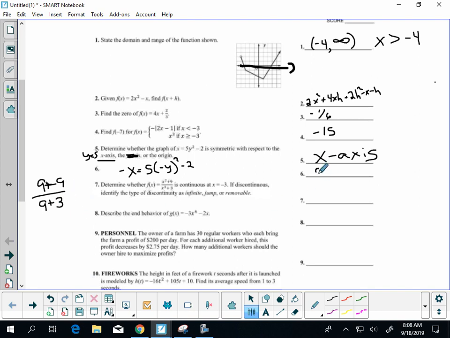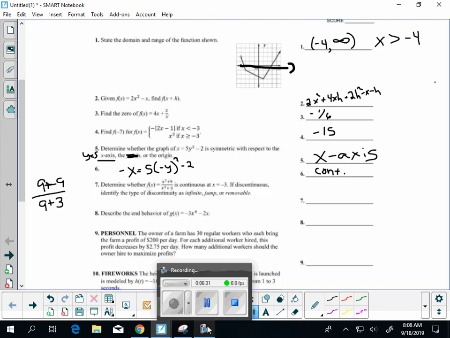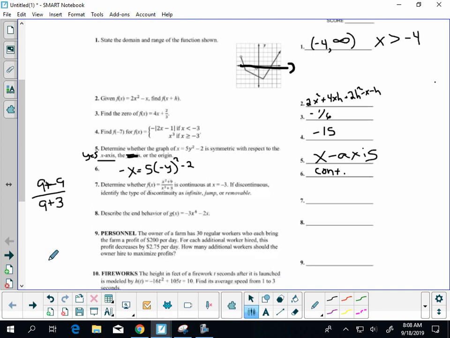So it is continuous. The only way that would have a discontinuity is if I had a 0 in that denominator, and if it canceled out, it would be removable, or a hole. If it were an asymptote, it would be infinity.